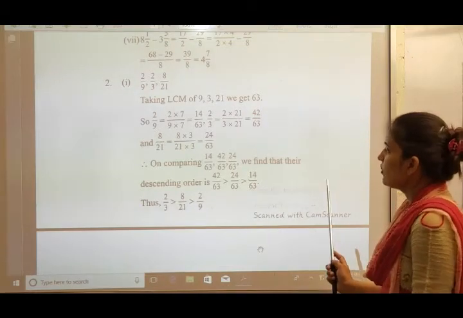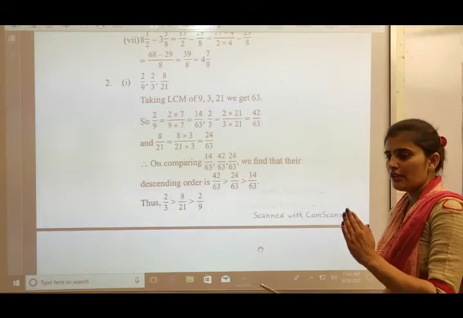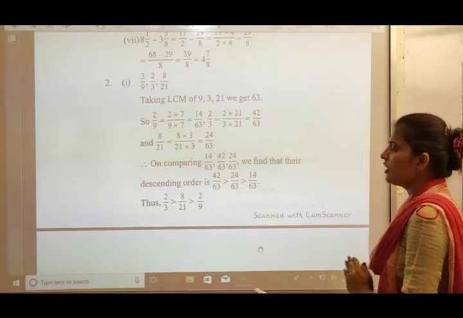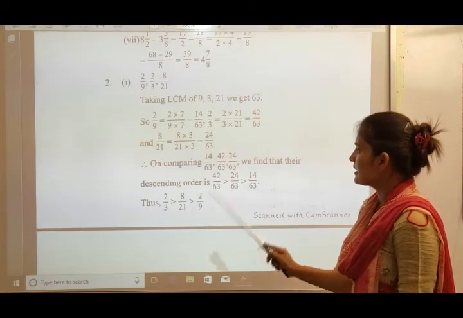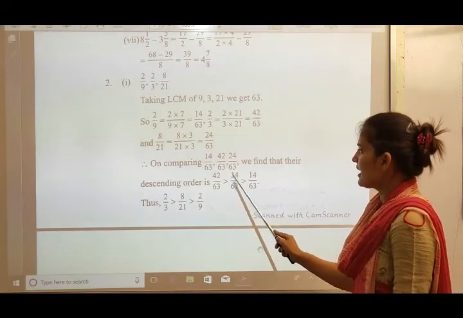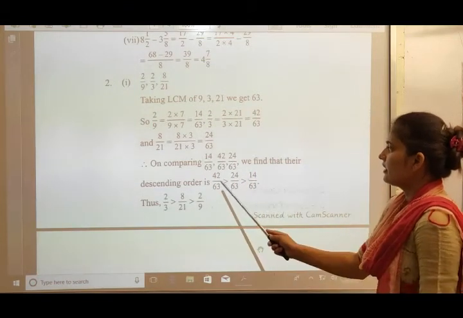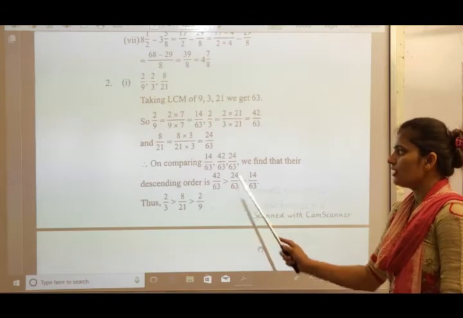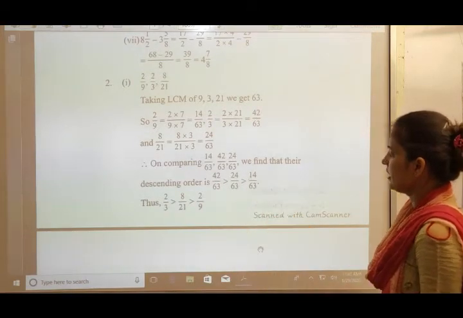For decreasing order, the first should be the largest, after that we have to move towards the smaller ones. So here the largest is 42 by 63, after that 24 by 63, after that 14 by 63. Now we go in decreasing order, so we put the greater than sign.